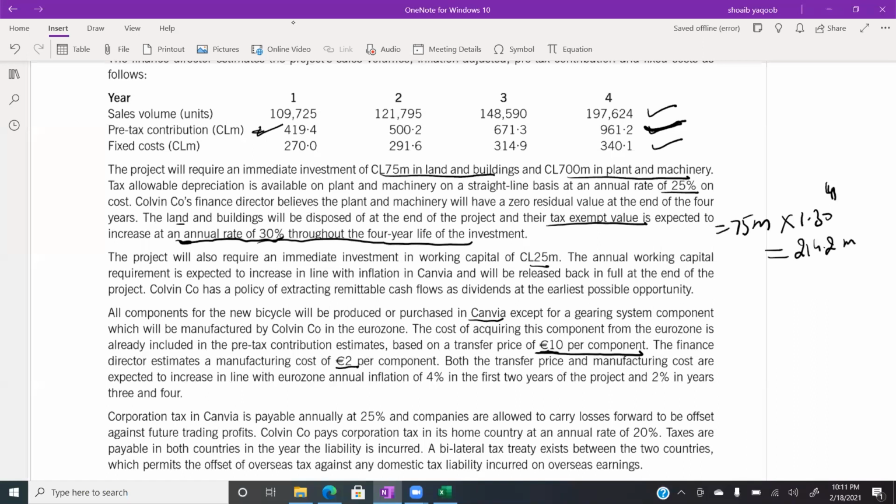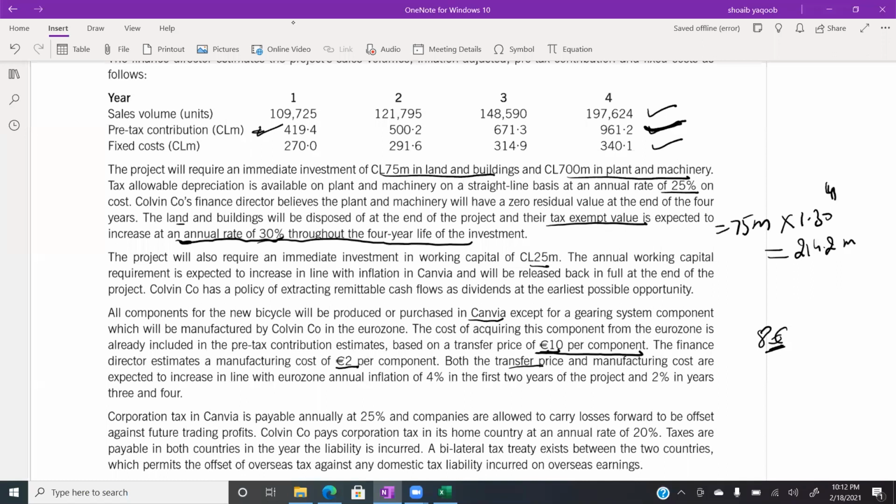But the parent company has transferred that gear system to the subsidiary at 10 euro. So by the way, how much is the parent company earning? 8 euro. Remember, this is the contribution earned by the parent company. So the parent company is earning 8 euro contribution.